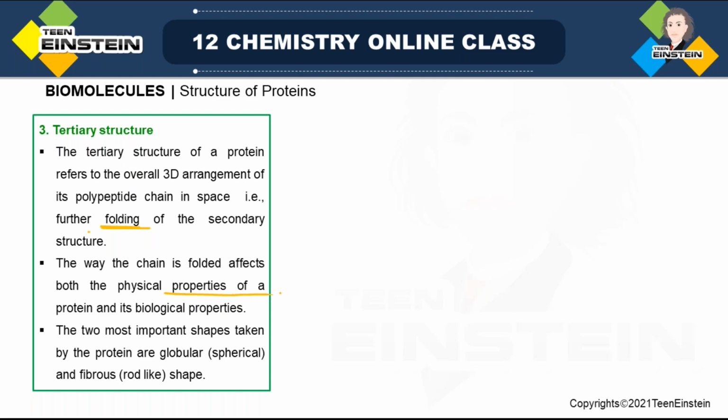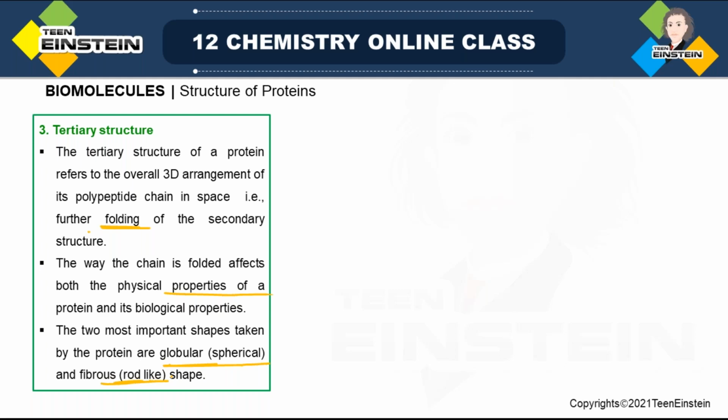The two most important shapes for tertiary structure are globular or spherical, and fibrous or rod-like. Now sometimes these two types of proteins are also considered under the heading of classification of protein, that is, based on the overall three-dimensional arrangement, what different classifications are possible.